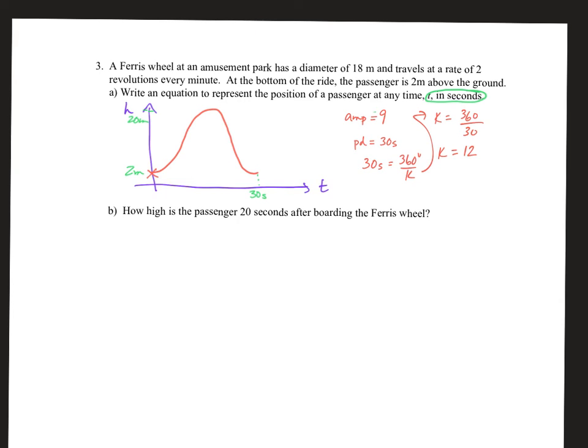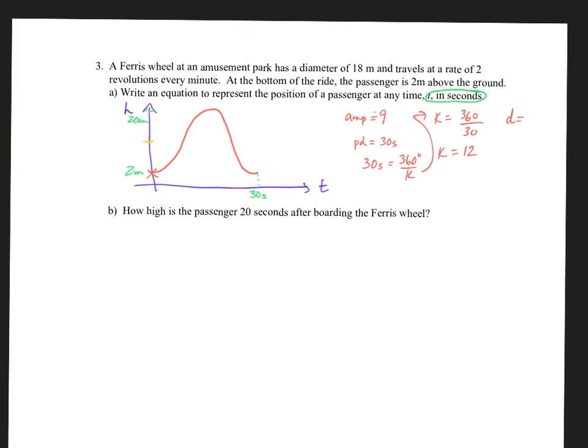Now, the last part, and this is the part that most people struggle with, is that we have to be careful when we're talking about our vertical shift, and I'll label that with our D. Remember, your vertical shift, how far the graph moves up, but it also represents the equation of your axis.